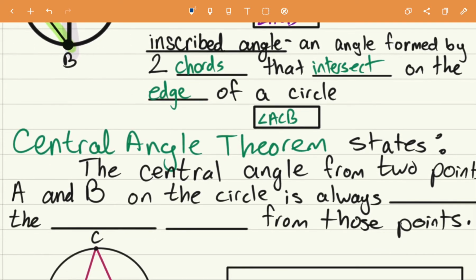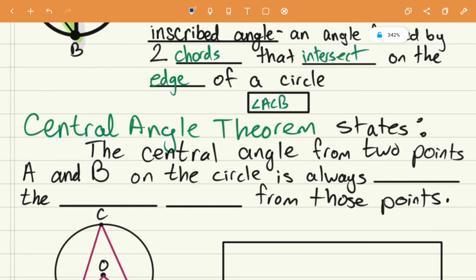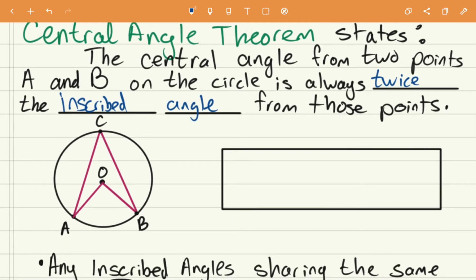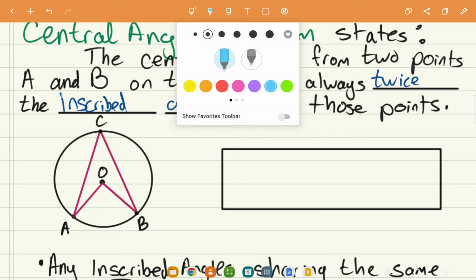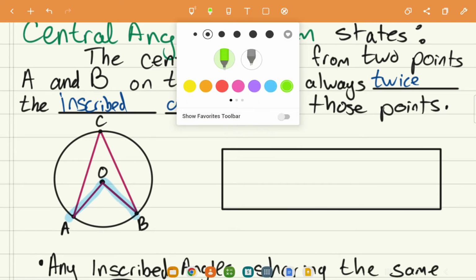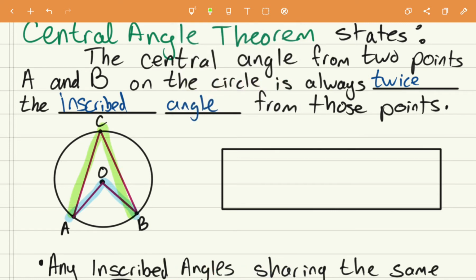So the central angle theorem states that the central angle from 2 points A and B is always twice the inscribed angle from those points. So there's two ways we could write this. So first, our central angle is AOB and our inscribed angle is ACB.